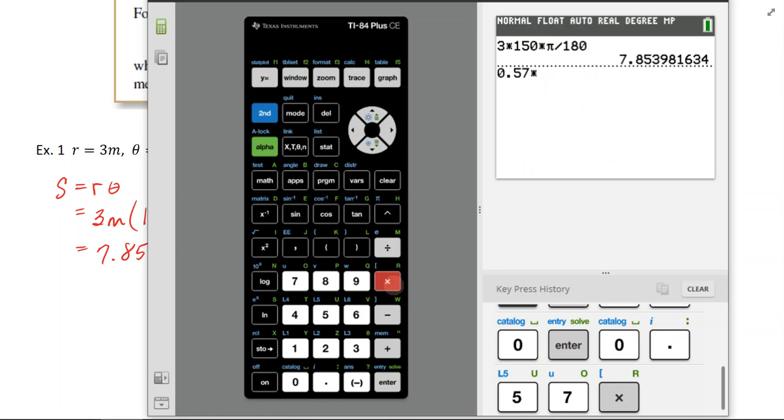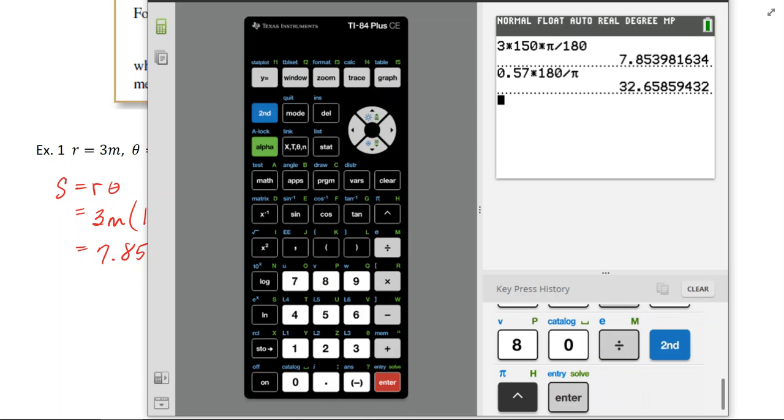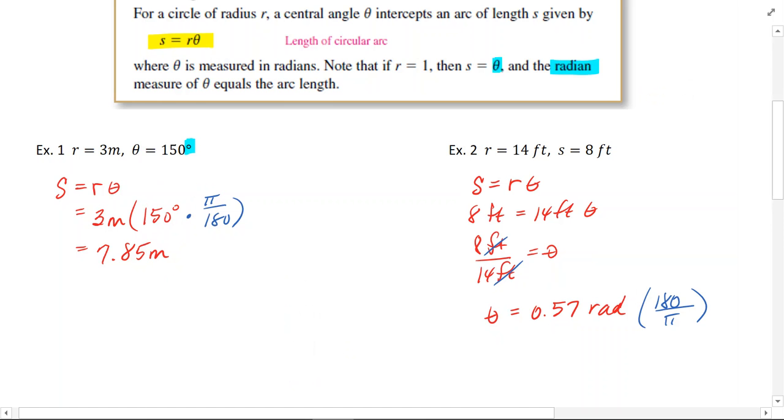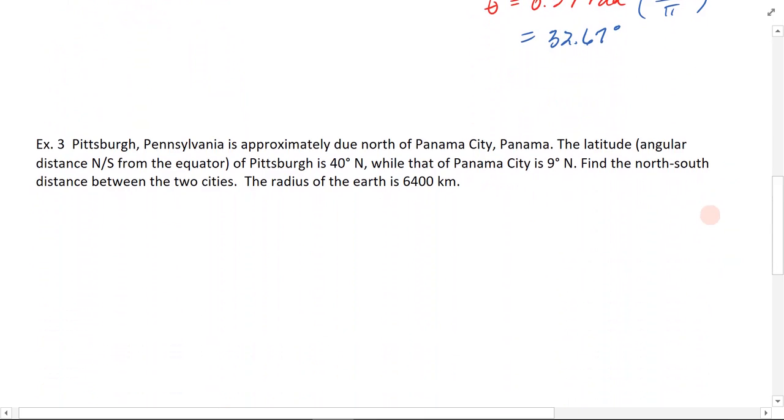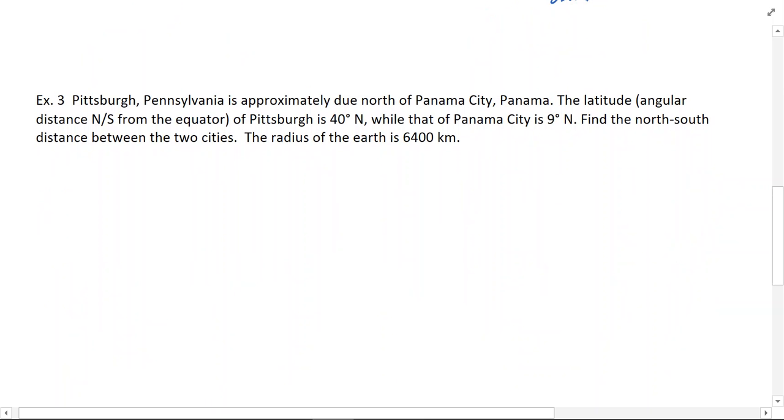This time I'm going to multiply times 180 and divide by pi. And I'll end up with a degree measure of 32.67 degrees if I were asked.